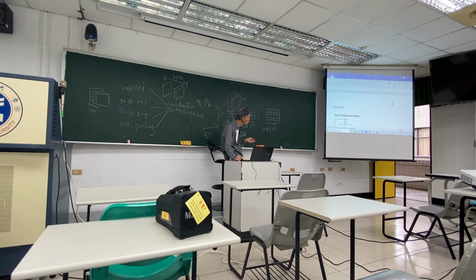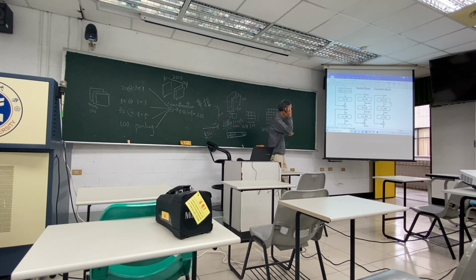And also for ConvNeXt, I already mentioned that before, but let me just re-summarize one more time, okay? Here, this is the residual block. One residual block, convolution, and convolution, okay, that's another block.